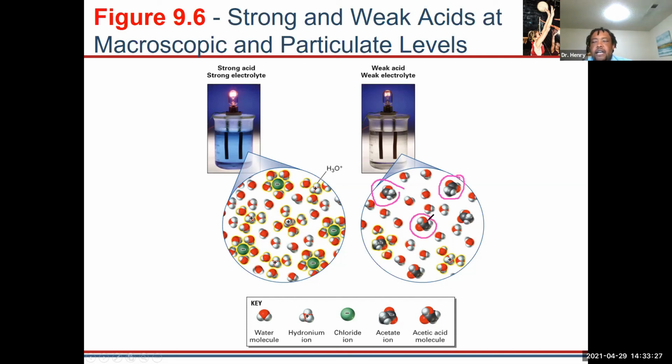They're not ionized. So the majority of the things in here are unionized molecules, but you have one ionized molecule. So that's going to give you a weak electrical signal, right? And so your bulb, you know, it lights up just a little. Okay, do you guys get that? Yeah.